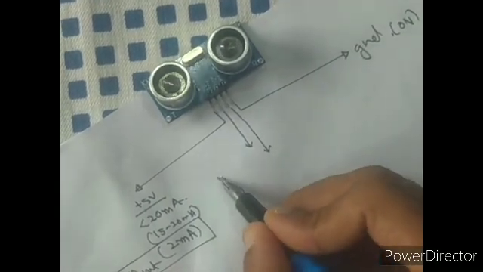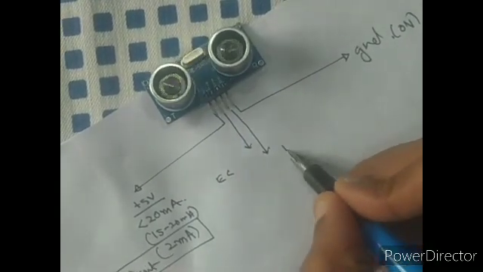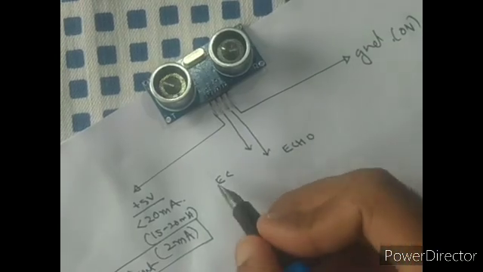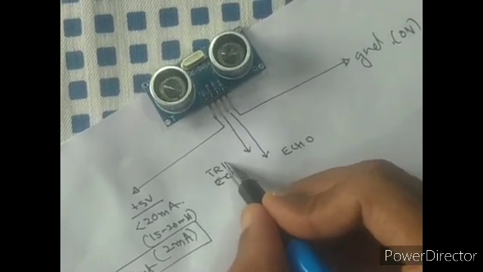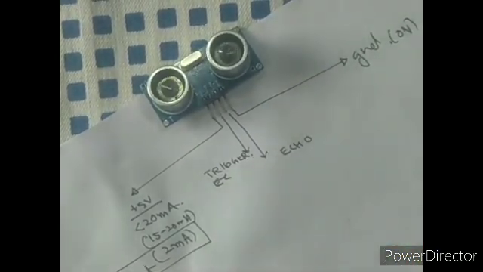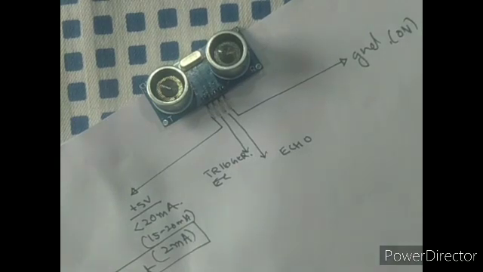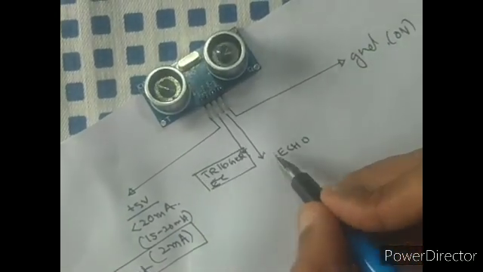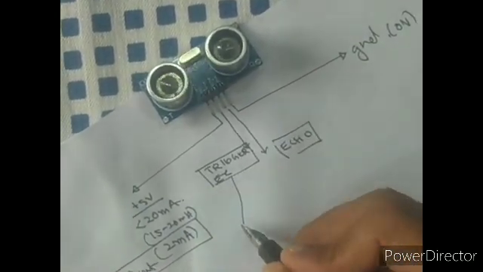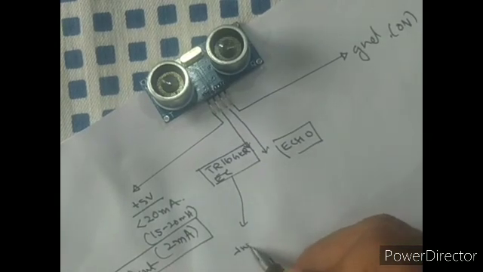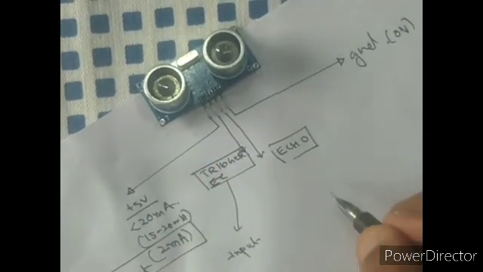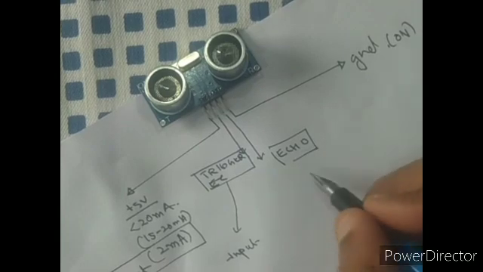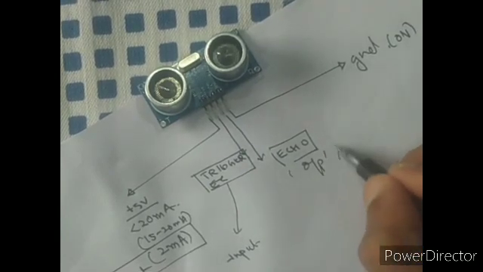The other two control pins are echo and trigger. From the names it is clear: trigger is the input control signal we have to give to this unit, and echo is the output from the module.